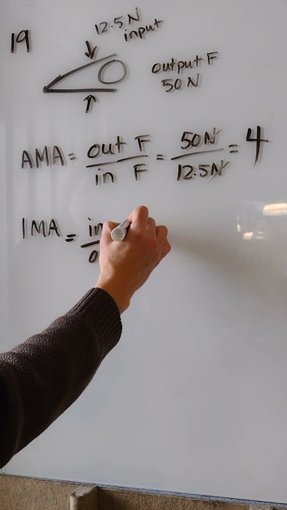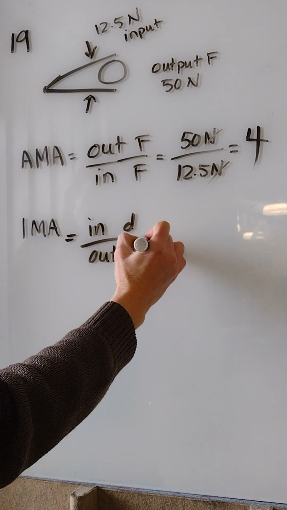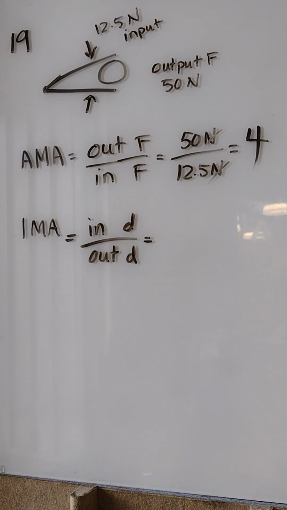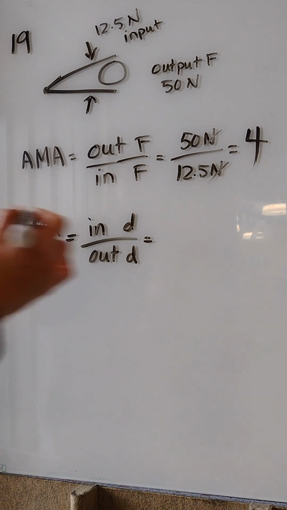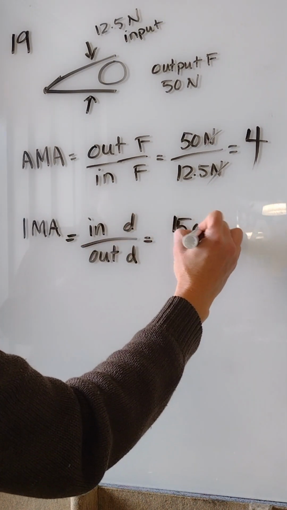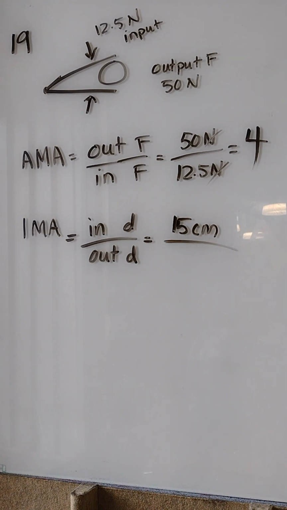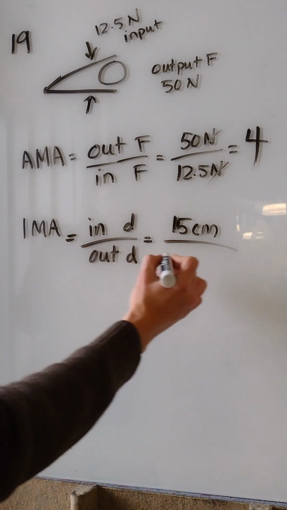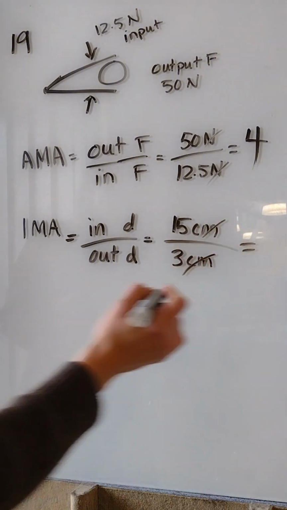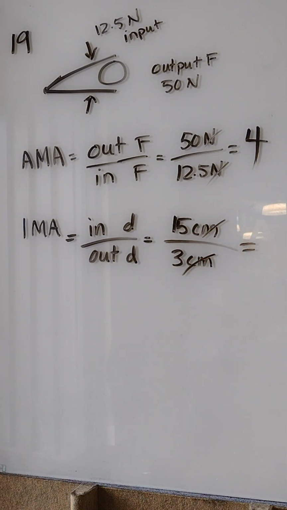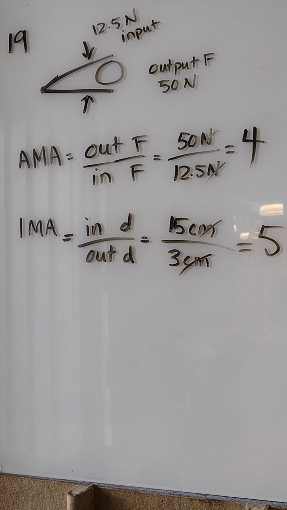And this is distance that it's measuring. Okay, so it says 15 centimeters input. And it says 3 centimeters output. And your units cancel and you get a number. 15 divided by 3 is 5.